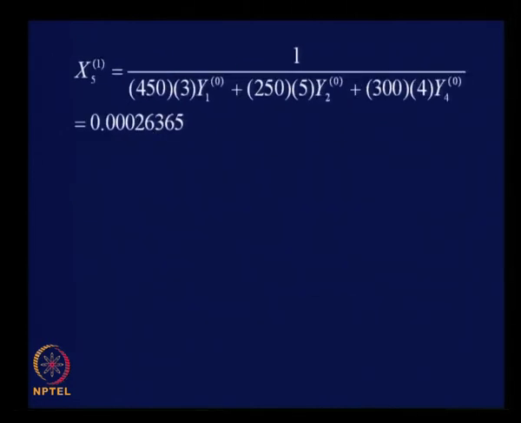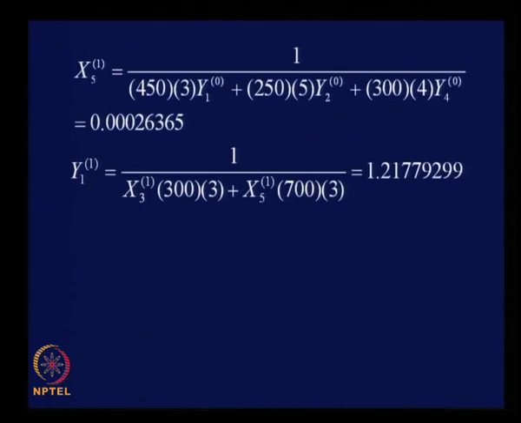On the same lines proceed with the other calculations. x5, again substituting y10, y20 and y40, you get the x5 value to be 0.00026365.